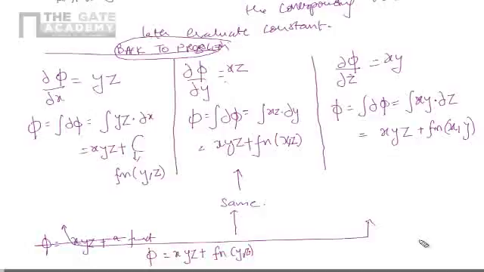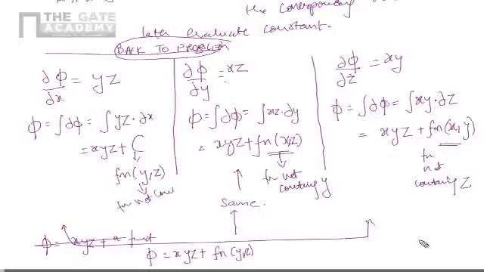It can be a function not involving x, a function not involving y, a function not involving z. A function of xy means a function not containing z. Here this is nothing but a function not containing y. This is nothing but a function not containing x.